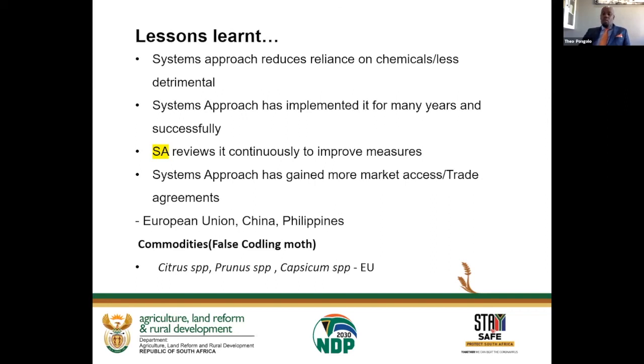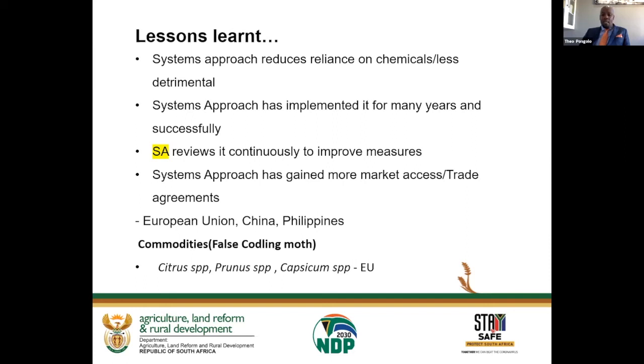Previously, we were just throwing chemicals to make sure that we complied. Now, traps, which we used as an interception tool, we use just to monitor population activity around the orchard, but not as a measure to reject or not approve the export.